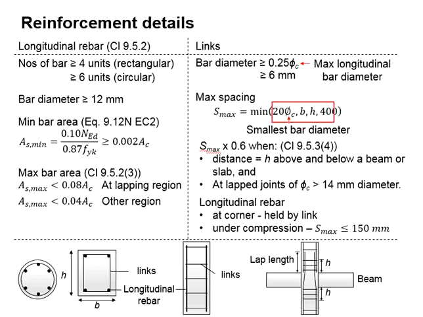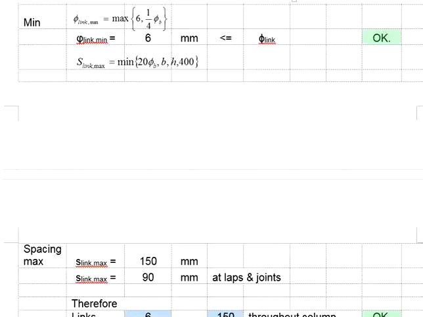Having the 4 conditions here, you take the minimum value. That gives you the maximum spacing governed by the width of the column, which is 150. This gives you the maximum spacing of 150.